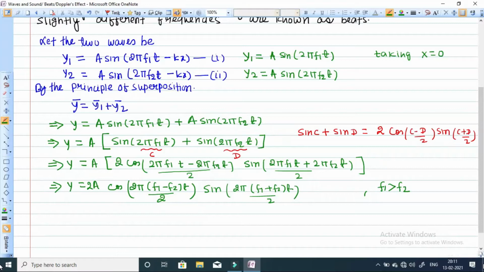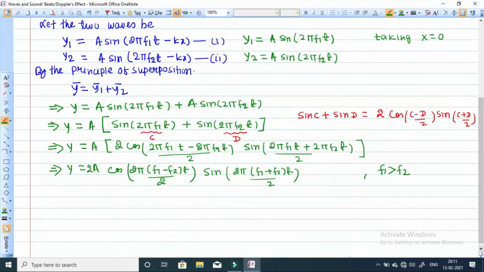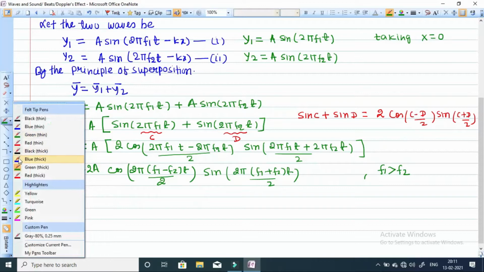So the time for one bit is the time between consecutive maxima or minima. The standard equation of a wave is y is equal to a sine omega t or sine of kx minus omega t. So we can rearrange this equation like this also.